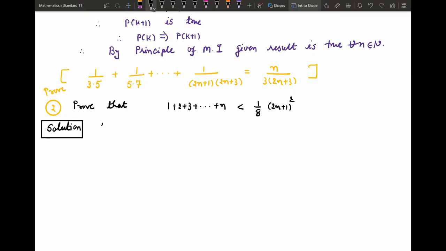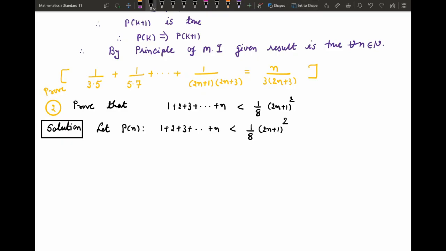Let us denote this statement by P of n, where 1 plus 2 plus 3 and so on up to n is less than 1 upon 8 into (2n plus 1) square.